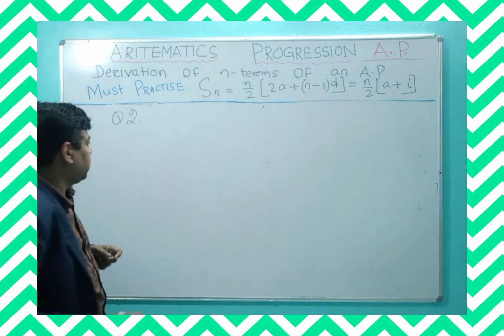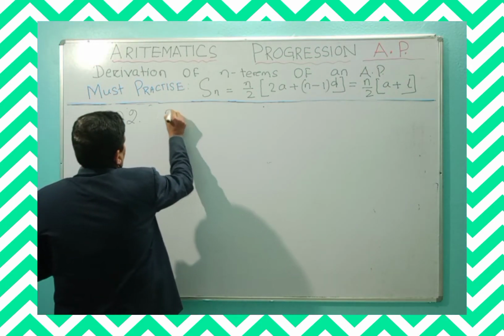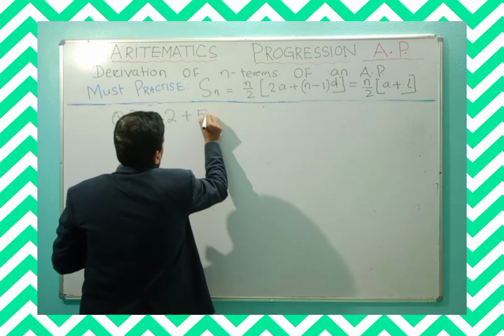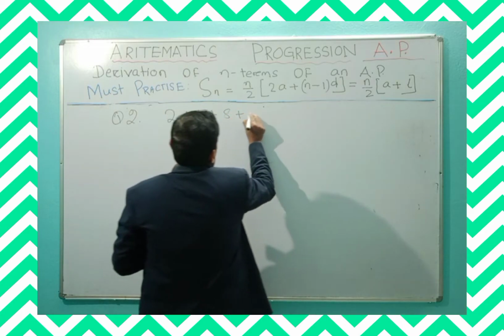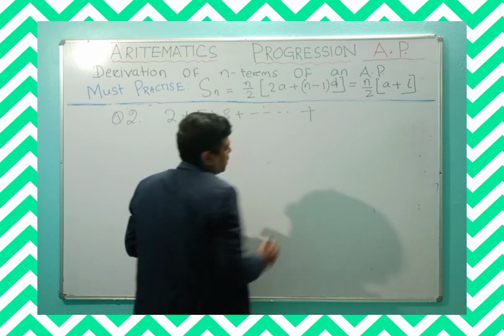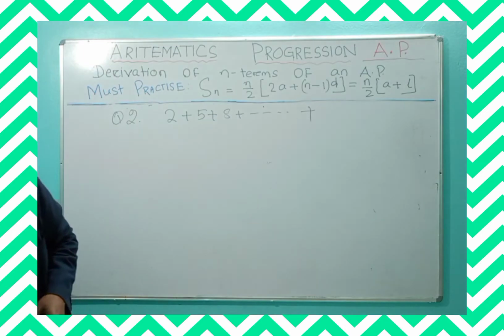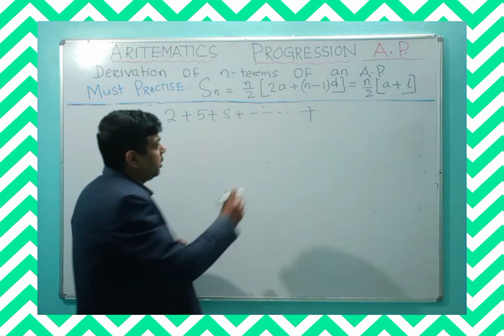Let us write one question: 2 plus 5 plus 8 plus up to, if the last term is given, 182.